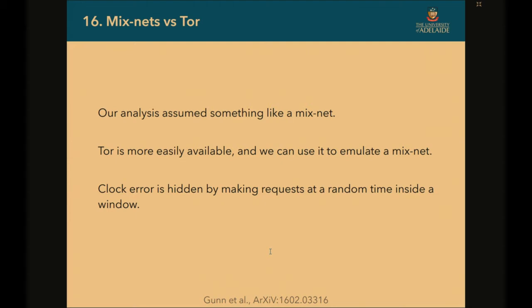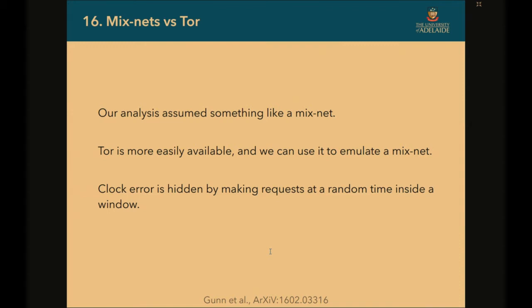But going back to what I said about mixnets, they're not the most widespread form of anonymity system out there at the moment. Tor is really easily available, and that's what we used in our demonstration. But the problem is that it's then susceptible to traffic analysis.